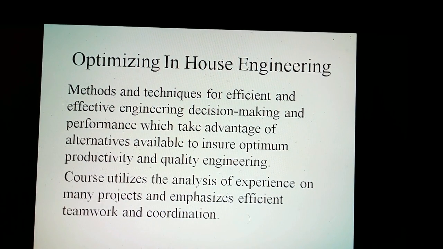Optimizing in-house engineering: methods and techniques for efficient and effective engineering decision-making and performance which take advantage of alternatives available to ensure optimum productivity and quality engineering. The course utilizes the analysis of experience on many projects and emphasizes efficient teamwork and coordination.